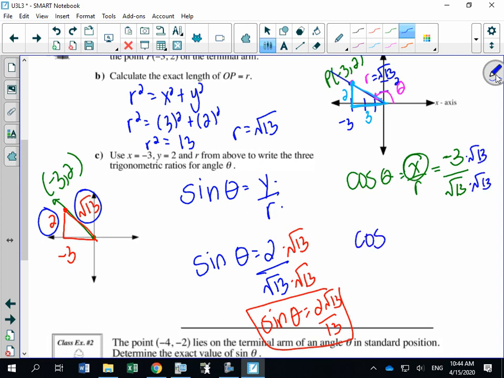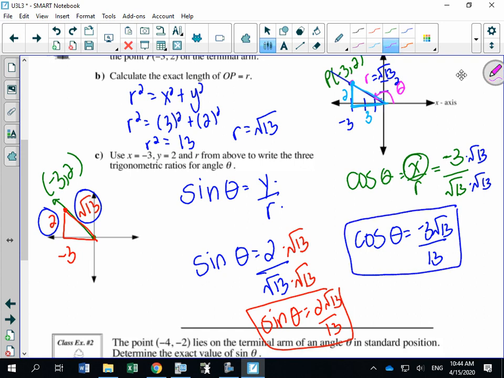So the cos of theta is equal to negative 3 root 13 over 13. Now, the tan of theta, tan is y over x, so y is 2 over negative 3. Those would be your three primary trig ratios.